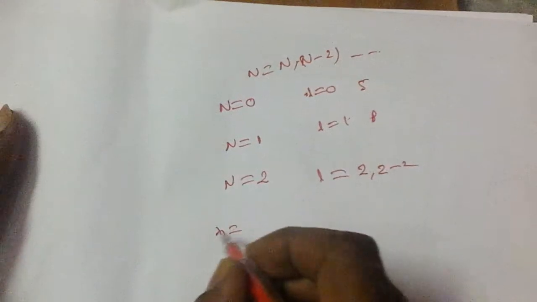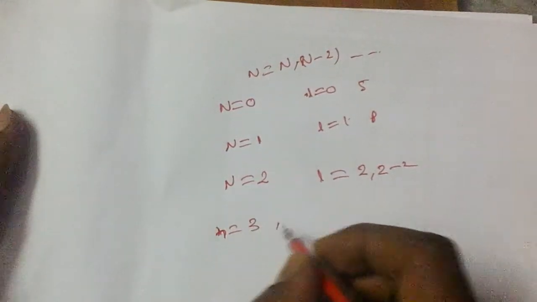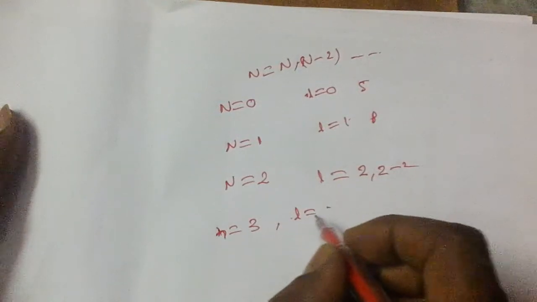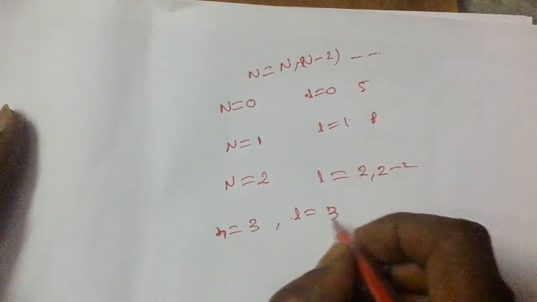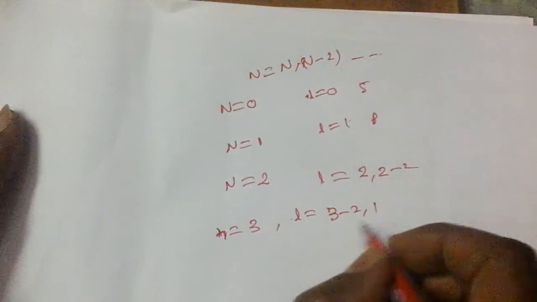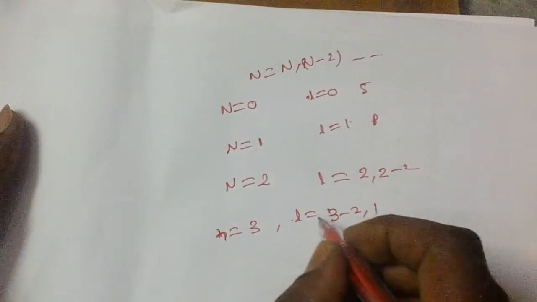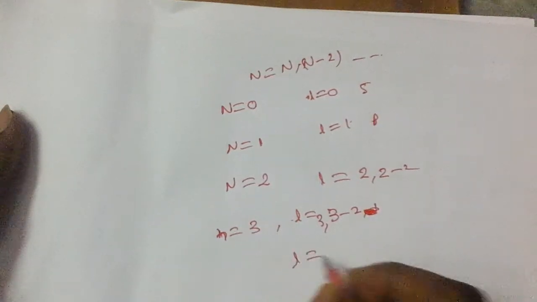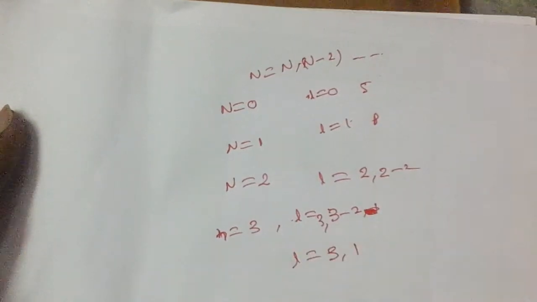For n equal to 3, l is equal to 3, 3 minus 2, so l is equal to 3, 1.